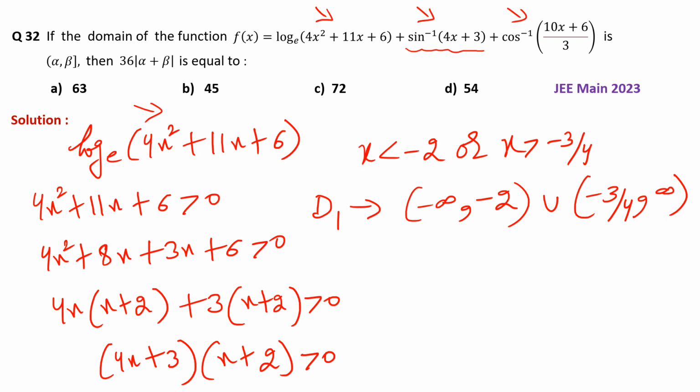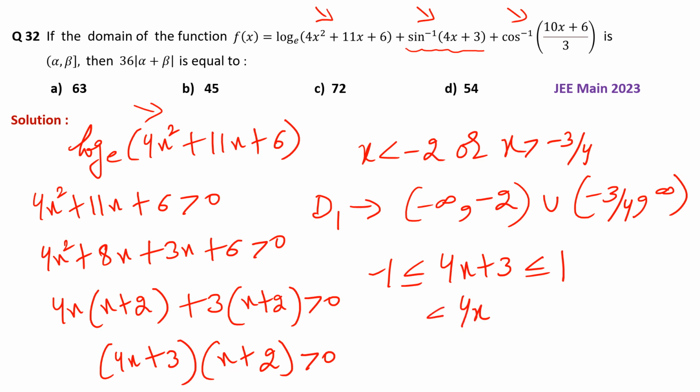And to get the domain of this function, we know that the domain of original sine inverse x is closed minus 1 to 1. So that means 4x plus 3 must lie between minus 1 to 1. That is, it should be greater than or equal to minus 1 but less than or equal to 1.